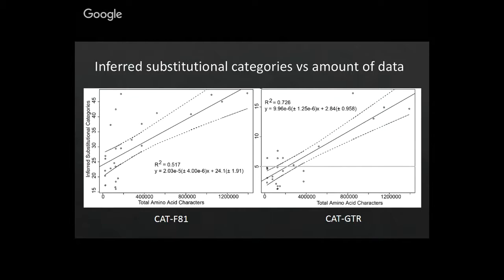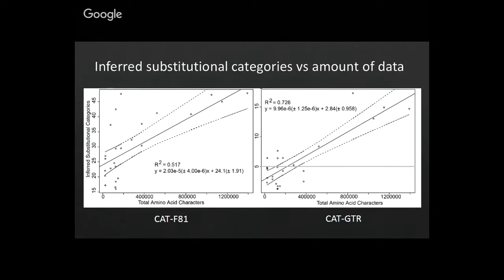Another thing worth pointing out here is that if you run a single data set with CAT-F81 and CAT-GTR, it's the same data set. The amount of heterogeneity in that data set has not changed. However, you'll sometimes get drastically different estimates of the amount of heterogeneity depending on whether you use CAT-F81 or CAT-GTR.